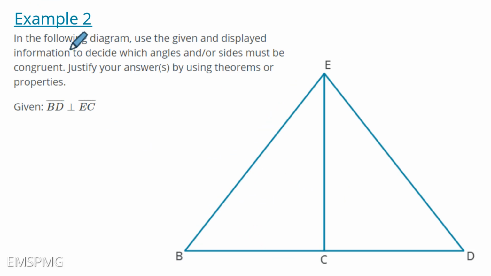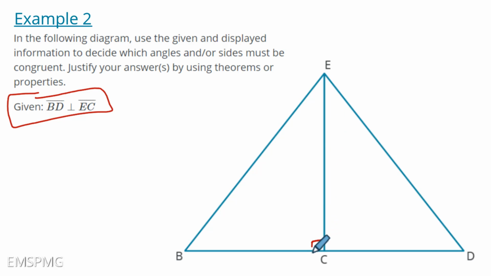One more example here. It says, in the following diagram, use the given and displayed information to decide which angles or sides must be congruent. Justify your answers by using theorems or properties. We're given that segment BD is perpendicular to EC. So this line is perpendicular to EC.